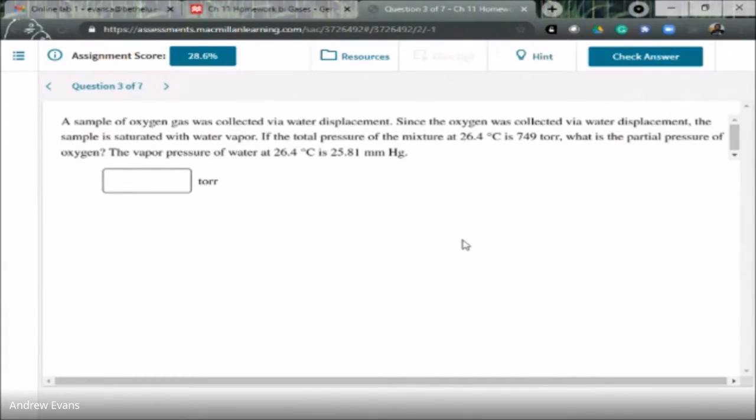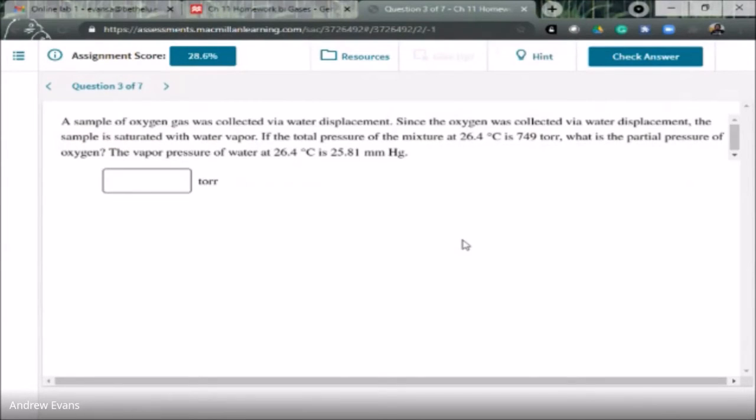slides. A sample of oxygen, or depending, you could end up getting a sample of nitrogen gas, was collected via water displacement, saturated with water vapor. You're given the temperature, you're given the total pressure, and you're asked for the partial pressure of oxygen.